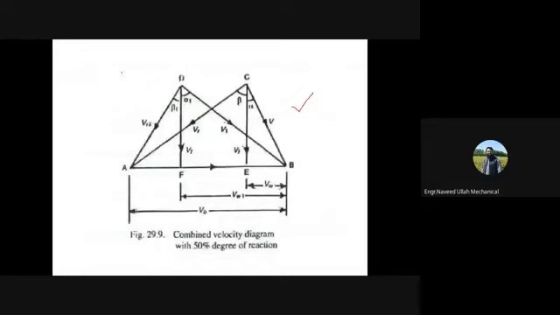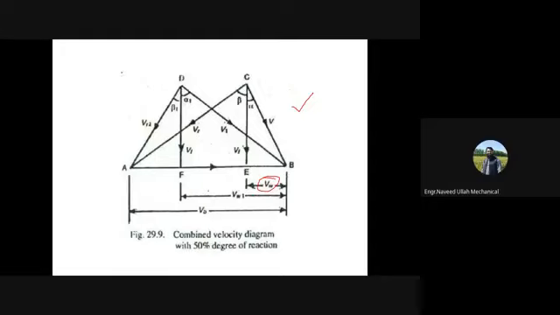These calculations are purely to find out VW. Now what is VW? VW from this particular figure is equal to AB minus AE. This is your AB, right? This is AB minus AE. So this will actually give you VW.